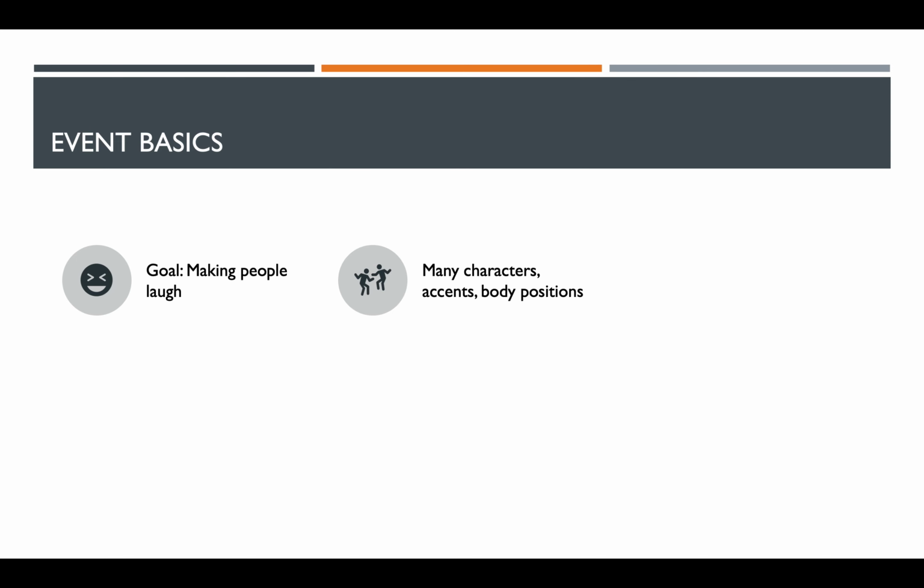If you have perhaps 6 or 7 different characters with unique accents and body positions, it makes your speech a lot more interesting to look at and listen to, as compared to someone who only does one or 2 characters.